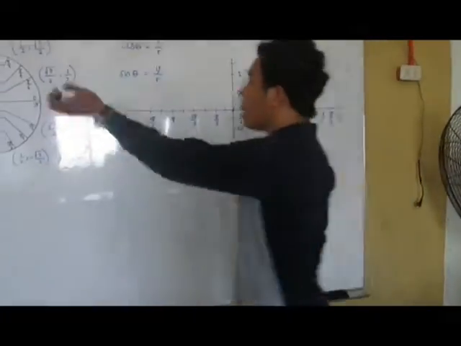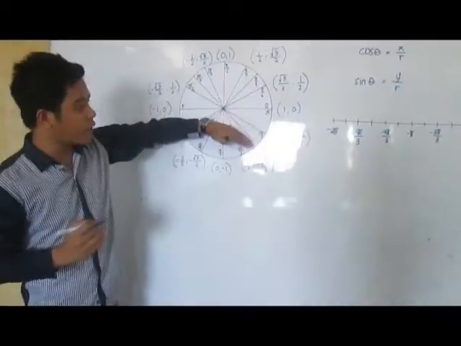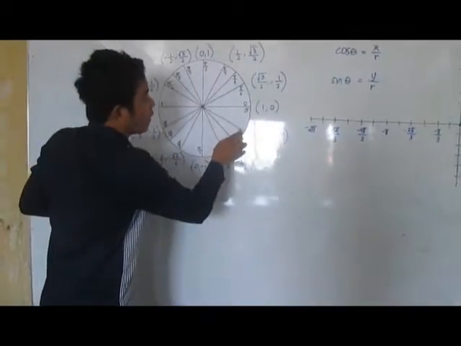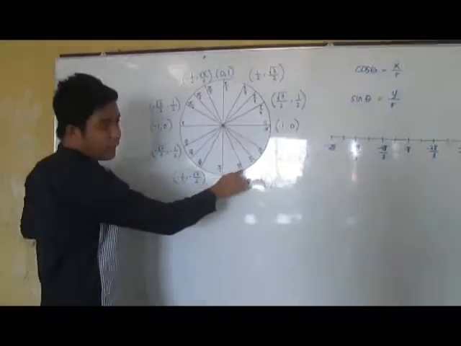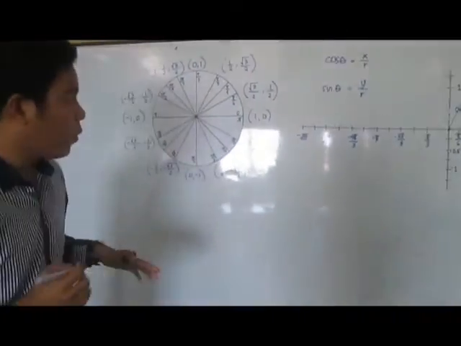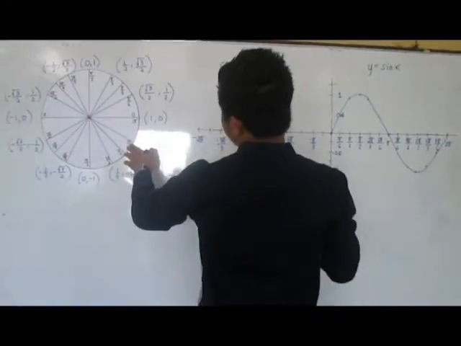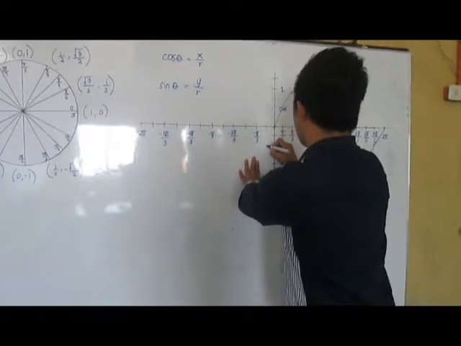Now, how about if I'm going to use the angle measures in a clockwise direction, which means this point here becomes our negative pi over 6, this one becomes the negative pi over 3, so on and so forth. So let's just plot our points. At negative pi over 6, it's going to be negative 1/2. Okay, that's here.